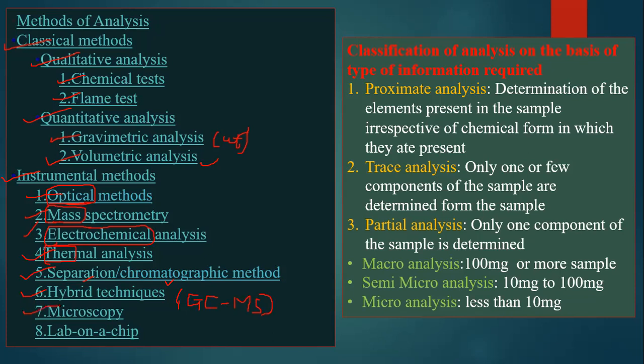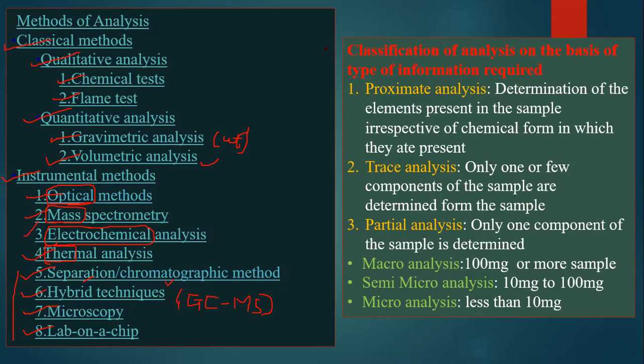Then there is the microscopy technique, and then lab on a chip, so you can carry out analysis outside also. Sometimes a substance can be studied by taking its test outside, and that is a lab on a chip. These are extra instruments or techniques that I told you about, which are not part of the study in SYBSc, just for information.